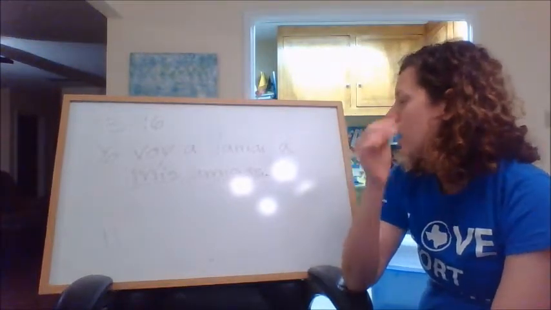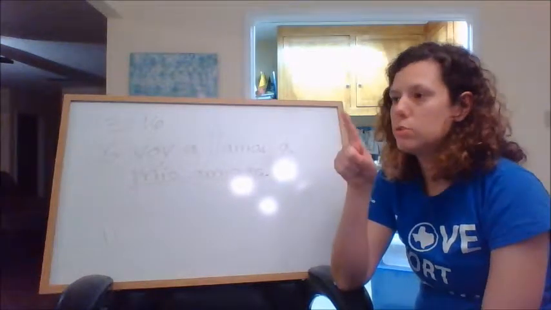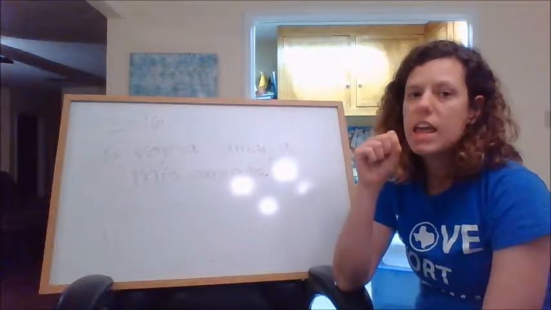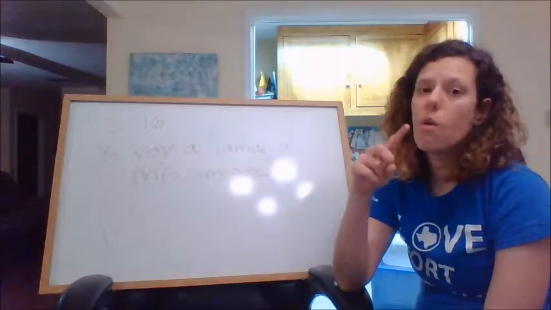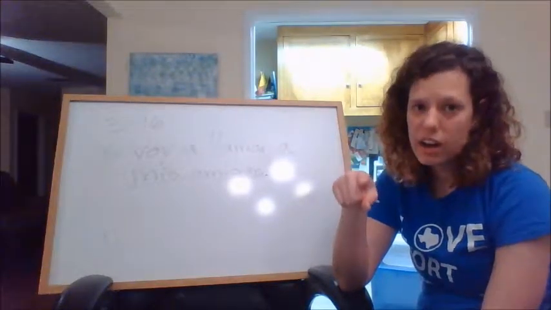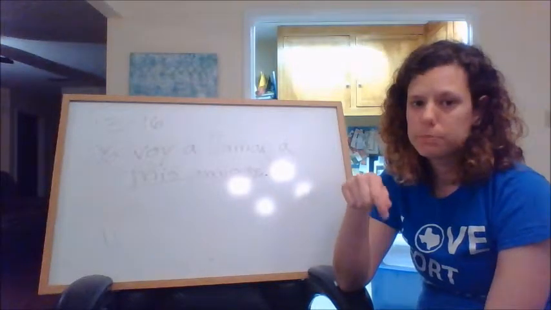If you have the present progressive or an infinitive, it can either go before the conjugated verb, or it can go attached to the infinitive or the present participle.